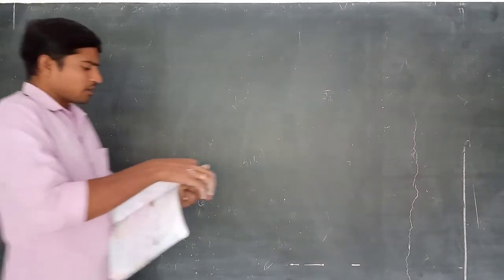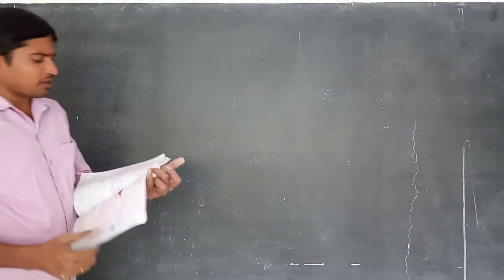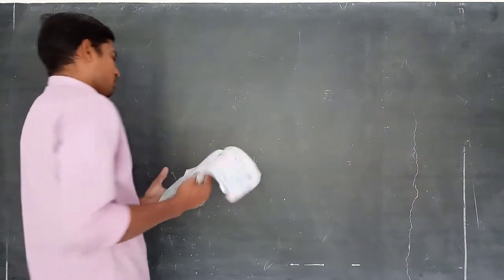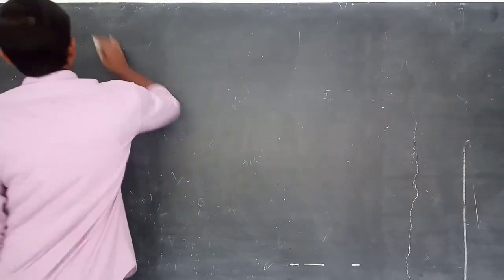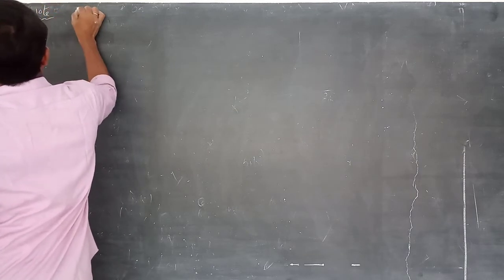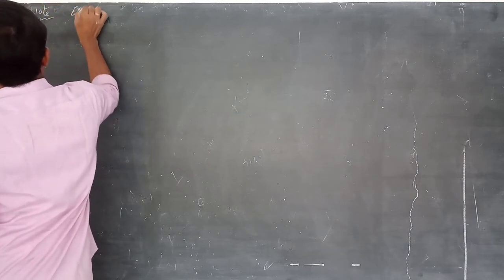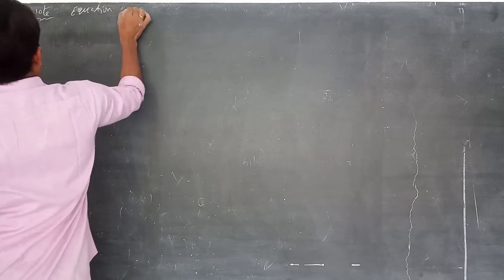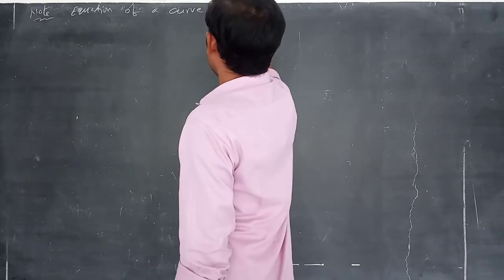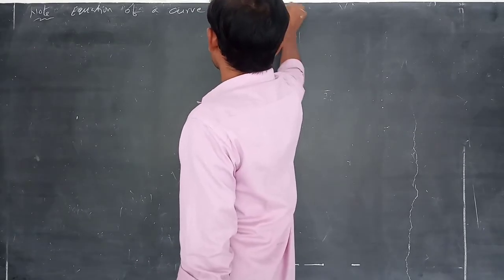If the axes are translated to the point h comma k, then the equation f of x comma y equal to 0 of a curve is transformed. Note, the equation of a curve is f of x comma y equal to 0.